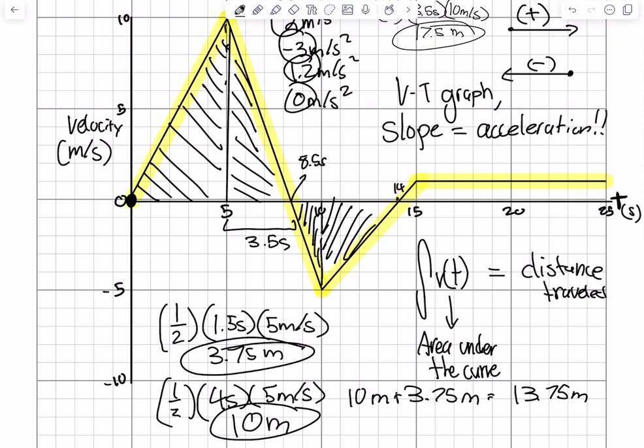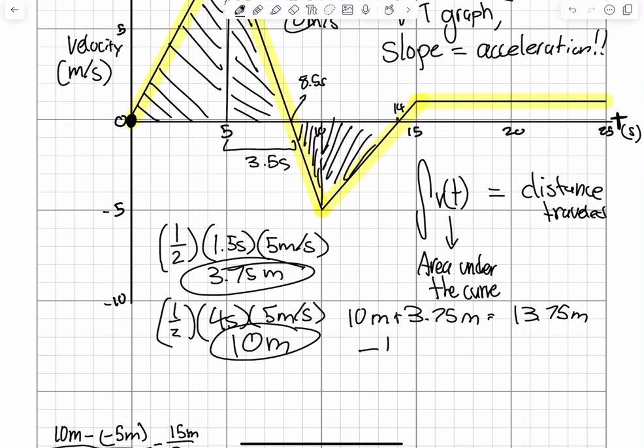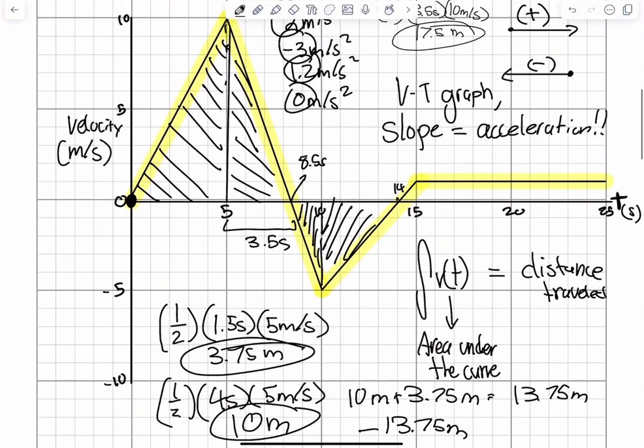But, like I said, isn't it -5 for the height? Yes. So what does that mean? We have a negative velocity. That means our displacement is going to be negative 13.75 meters. Now, what's the difference there?